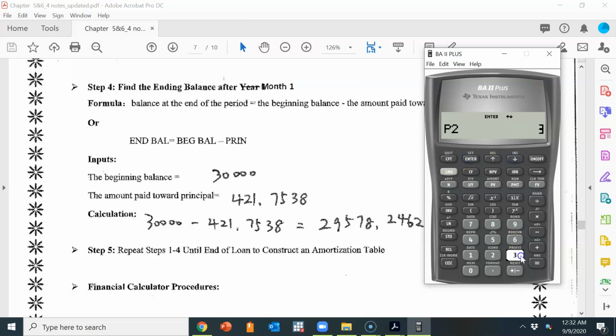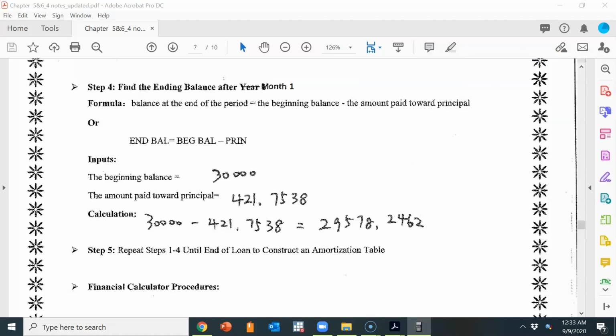Down button, 3 enter. So P1 and P2 both go up to 3. The ending balance in the third month is 28,727. The principal in the third month is 426. Interest for the third month is 163.